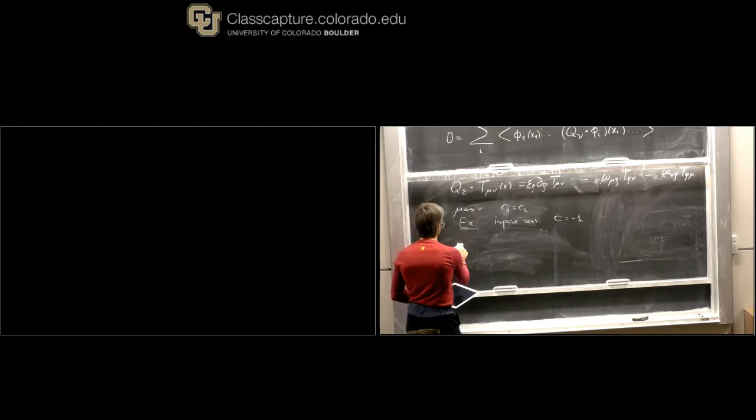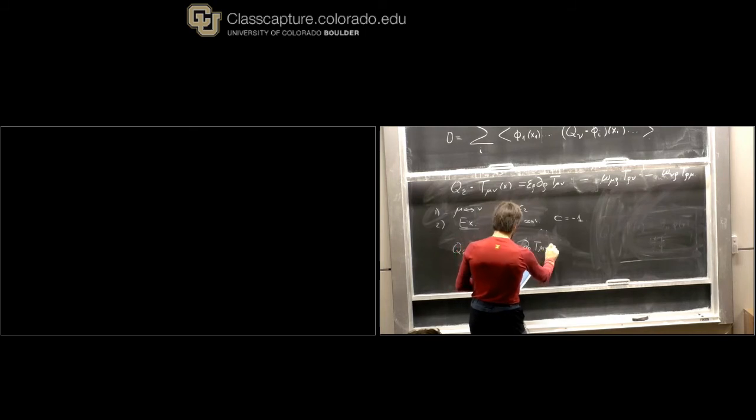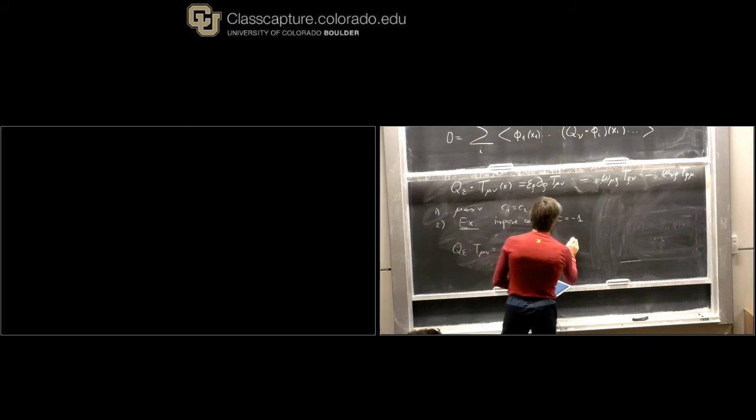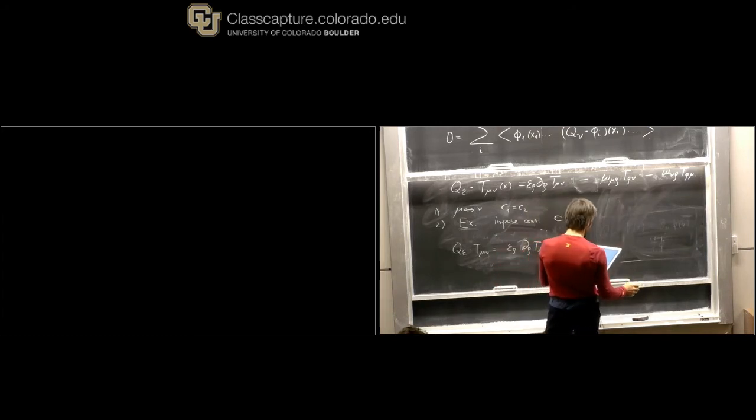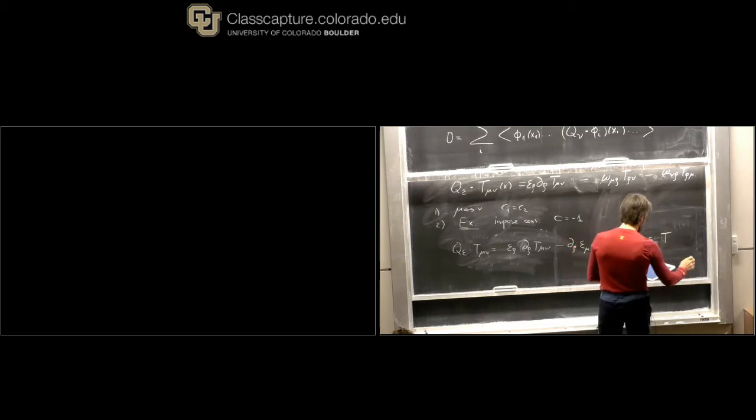So I'm going to write the following general formula: q epsilon T mu nu equals epsilon rho d rho T mu nu, and here minus d rho epsilon mu T rho nu plus d nu epsilon rho T rho mu.